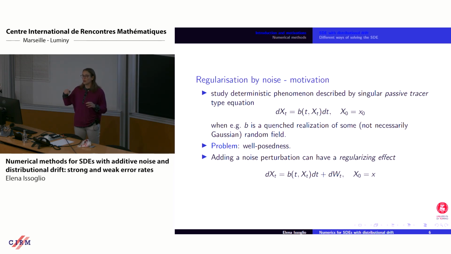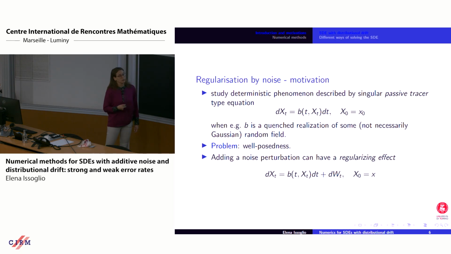Quenched, namely, you fix the omega. So it's really a very rough object. Then you cannot define this equation. Even if it's not that rough, this equation is not well posed. Even if B is a function but is not Lipschitz, this equation does not have a unique solution. So it's not well posed. However, if you add additive noise, then this perturbation regularizes. The noise really helps and allows you to give a meaning to this equation, even if B is a distribution.